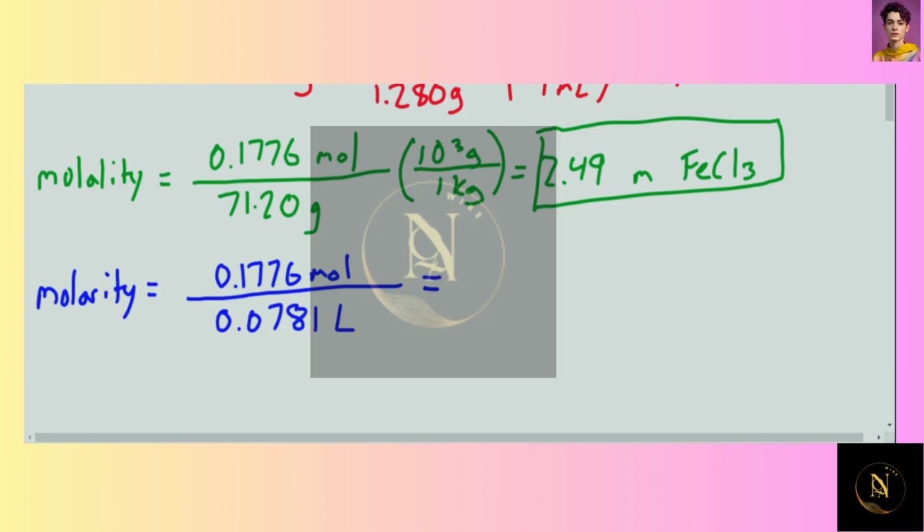And so we do this division and we get a value of 2.27 big M for molarity of iron chloride.